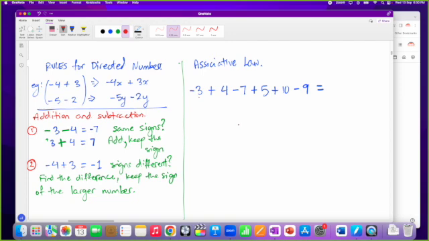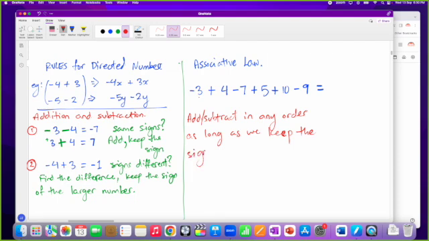When we do things like that, we could make simple, careless mistakes. But the associative law says that we could add or subtract in any order as long as we keep the sign.